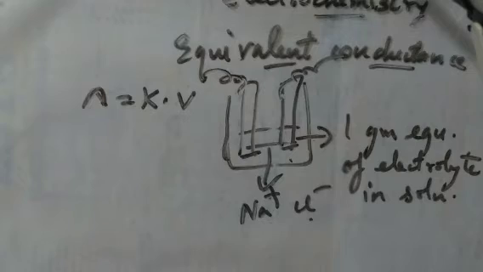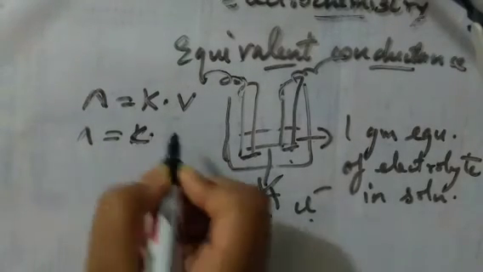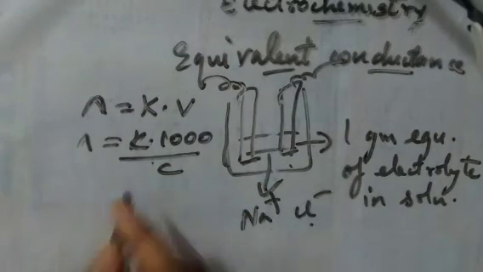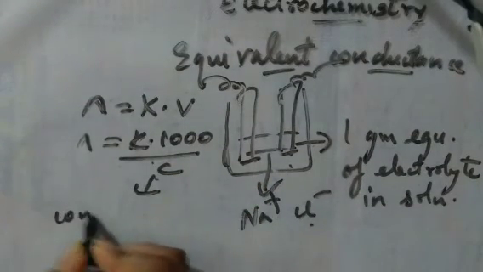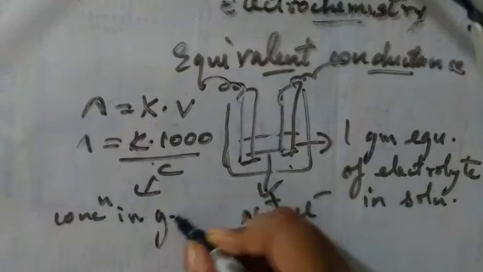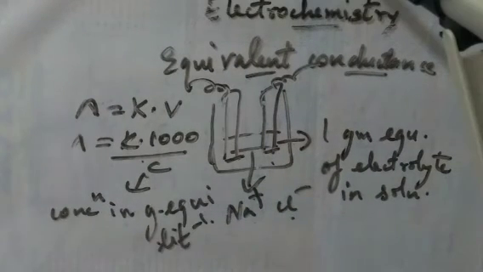We can also write this equation as lambda is equal to kappa into 1000 by C, where C is the concentration in gram equivalents per liter.